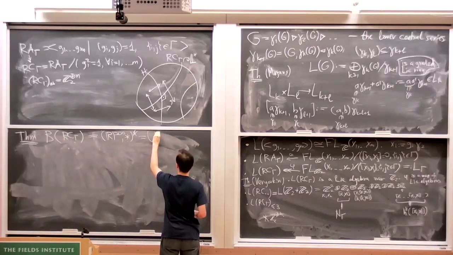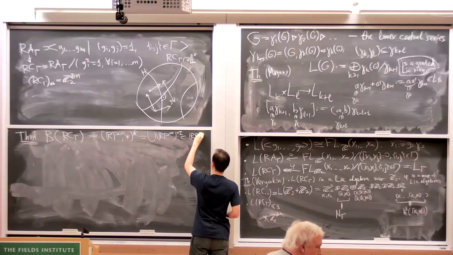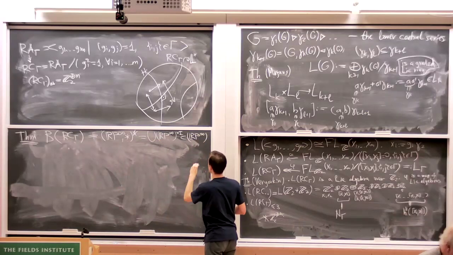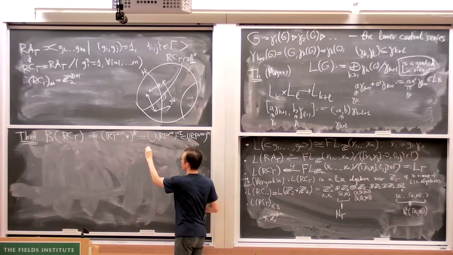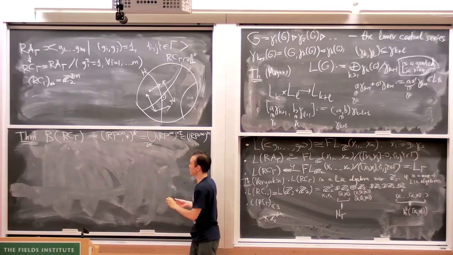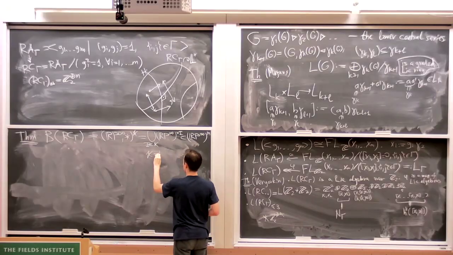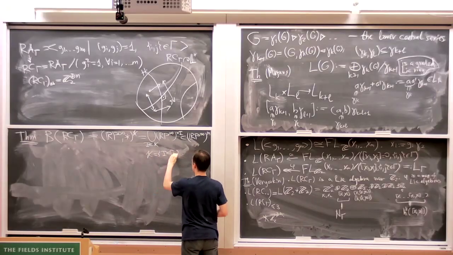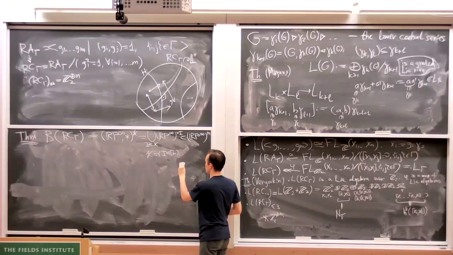So this is a union of copies of RP infinity multiplied, which are CW subcomplexes in products of m copies of RP infinity. And we take the union over all simplices of the clique complex of the graph gamma, which means that K is a set of subsets such that their corresponding vertices of gamma are pairwise adjacent.